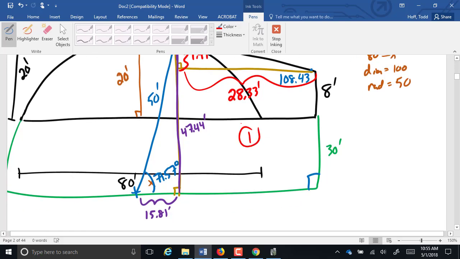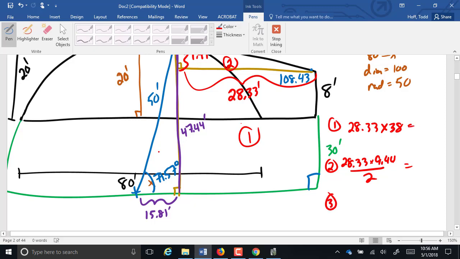You've got area 1 here, which is 28.33 times 38. Then you've got area 2 up here, which is 28.33 times 9.44 divided by 2. Area 3 here, which is 15.81 times 47.44 divided by 2.